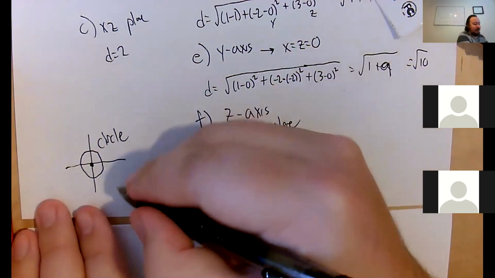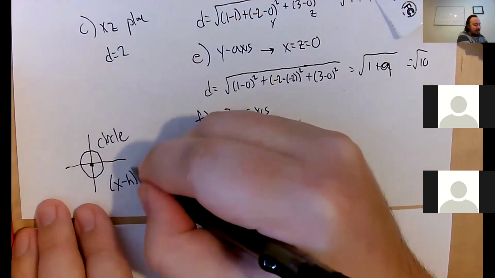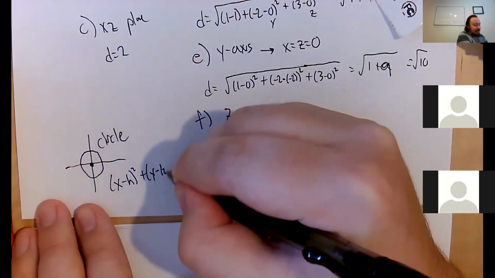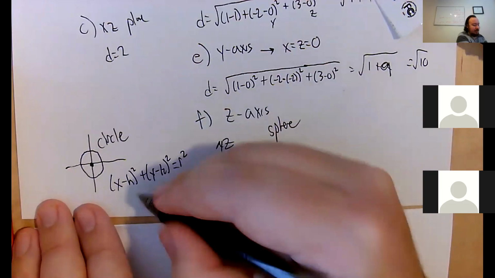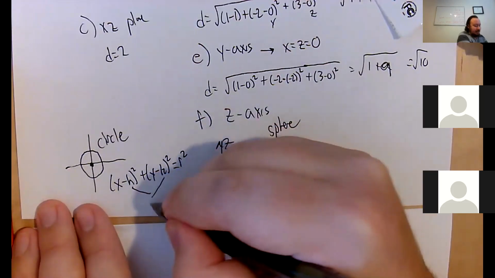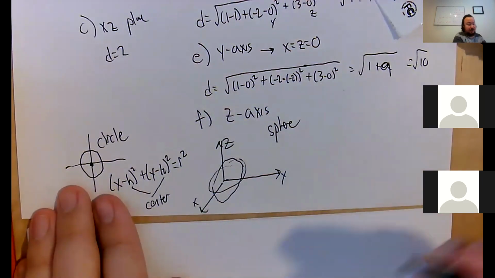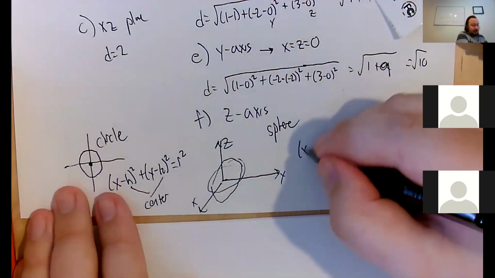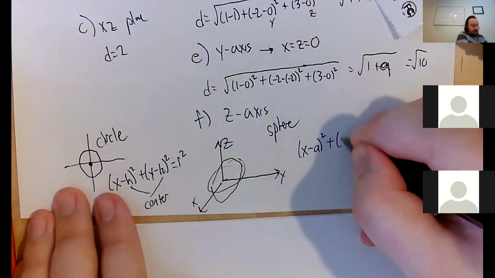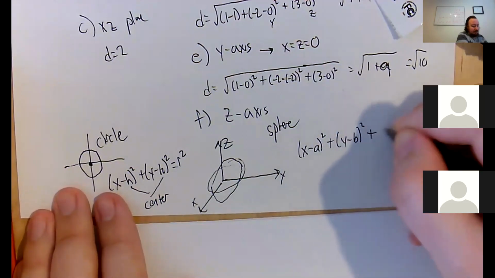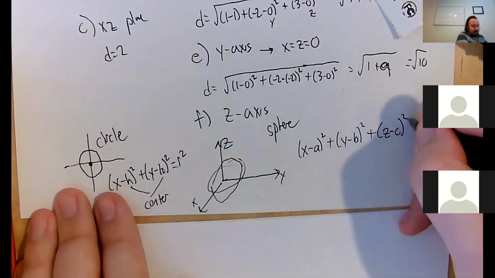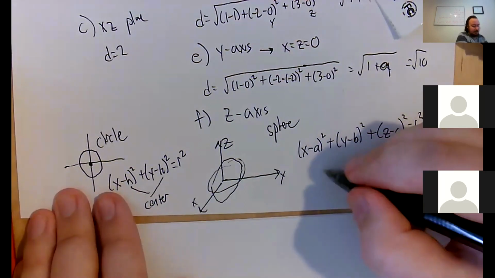And just in the same way that the circle had the equation (x - h)² + (y - k)² = r², where this was the center, the formula for a sphere is going to be pretty much the same. It's going to be (x - a)² + (y - b)² + (z - c)² = r².